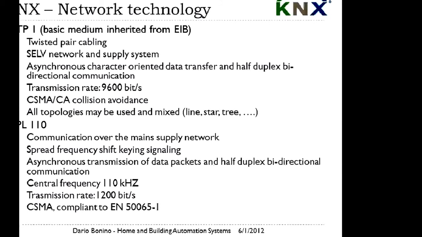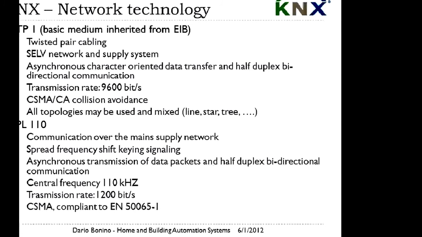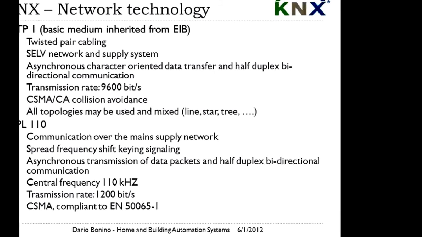In this twisted pair configuration, all the topologies can be used. So you can use a star topology, a bus topology, a tree topology. Okay, no problem. Okay, this is a twisted pair. For the power line, the communication happens on the main power supply network. They use a spread frequency shift keying modulation. The transmission is always asynchronous and half duplex, so similar.